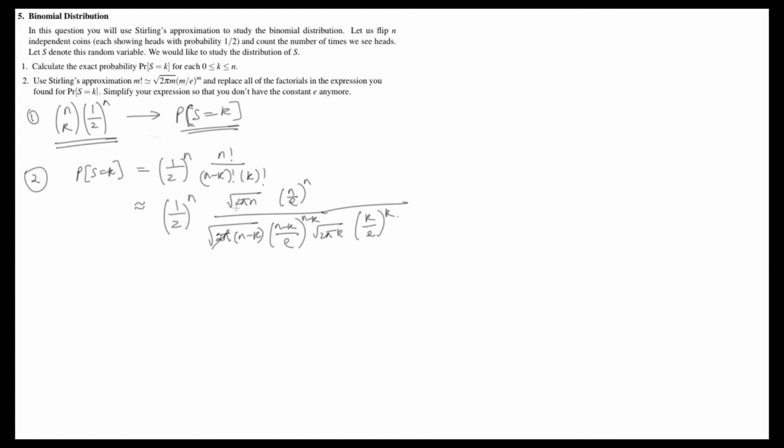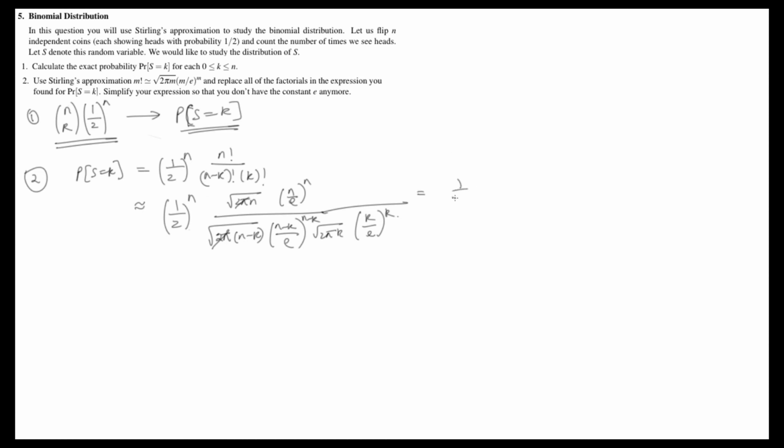So let's cancel 2 pi out with 2 pi. We notice that we have 1 over e to the n on the numerator, and we have 1 over e to the n minus k times 1 over e to the k on the denominator. So we have 1 over e to the n minus k plus k, and actually let me just write this out.